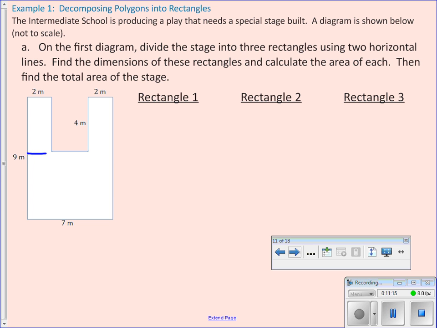So we'll draw a horizontal line here and a horizontal line there. So now we just decomposed it into 3 shapes. So let's label them shape A, shape B, and shape C. Okay? So far so good? The directions told us to deconstruct it that way.